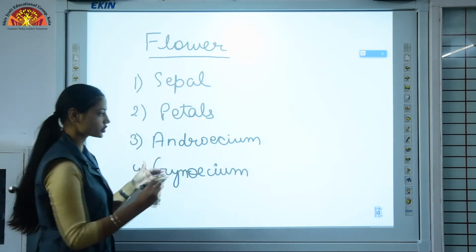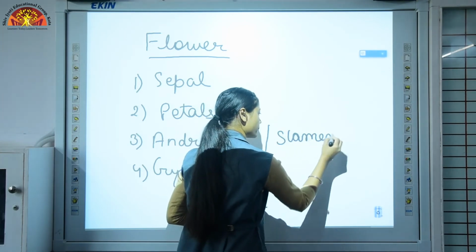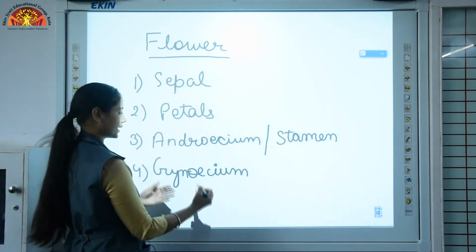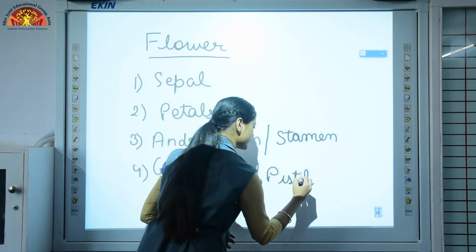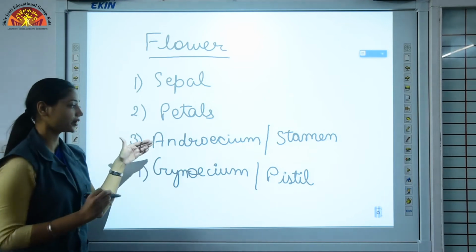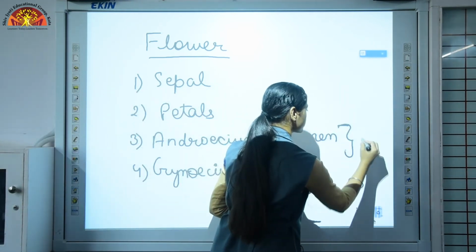Another name for androecium is stamen, and another name for gynoecium is pistil. These are one and the same thing. Now this androecium is the male reproductive part.